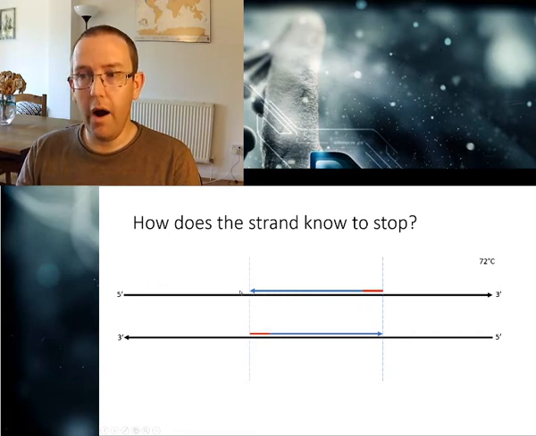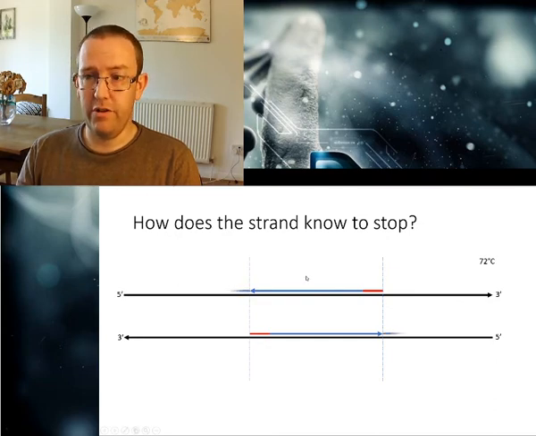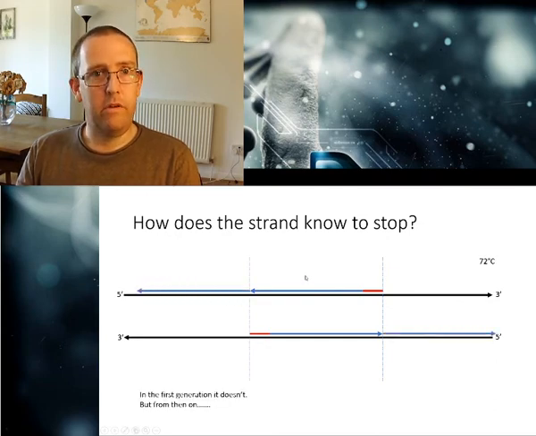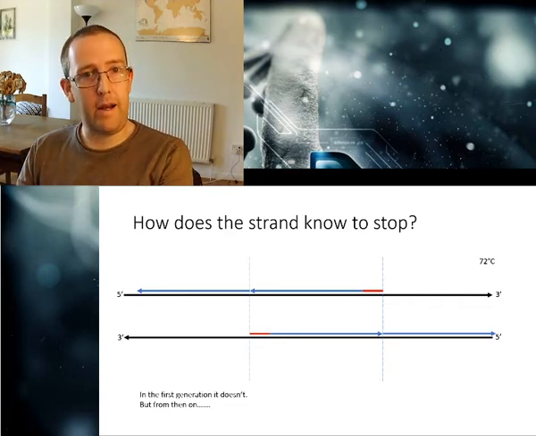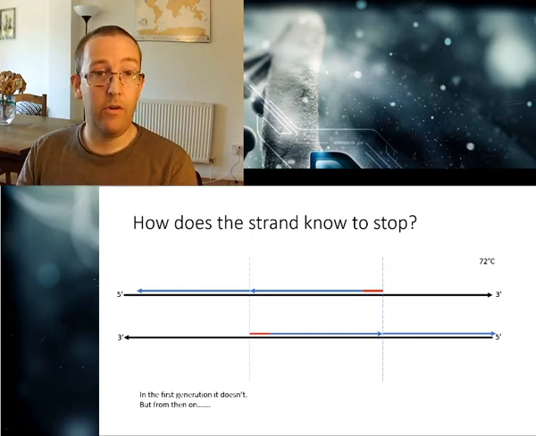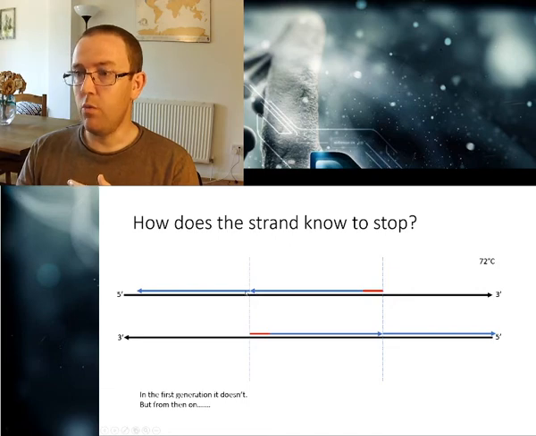Why does it not keep copying further on? The simple answer to that question is it doesn't know. In the first generation, it will indeed continue to copy a huge swathe of the DNA. It will just carry on and on and on. So you'll get your initial target bit of DNA here, but you will also get a big long tail.